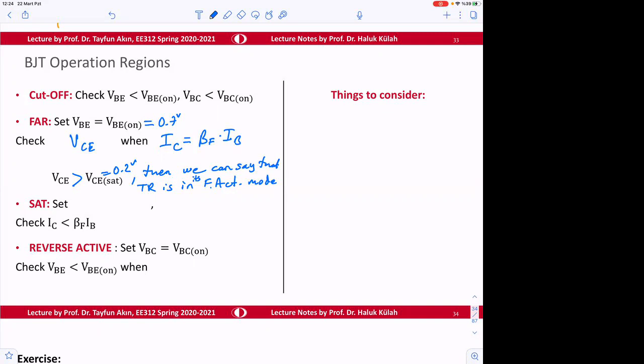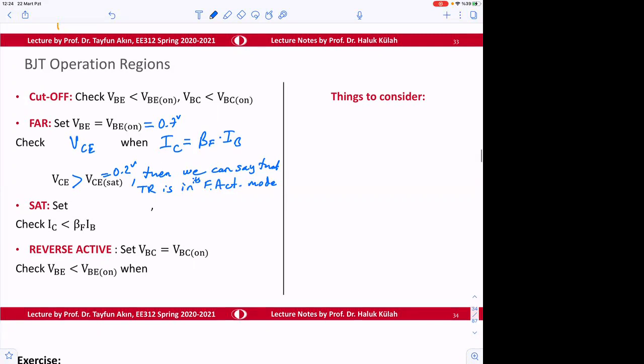Okay, so that's how we will be determining the state of the transistor.